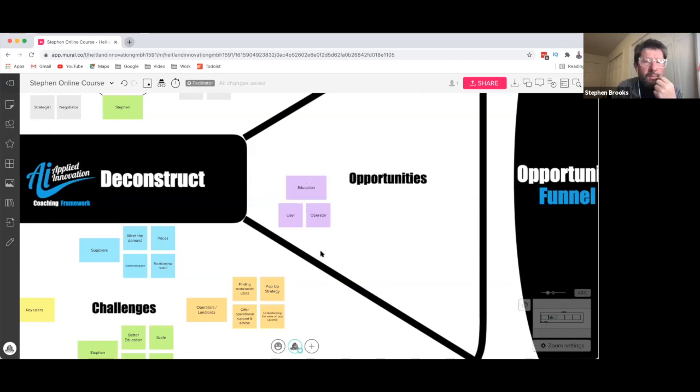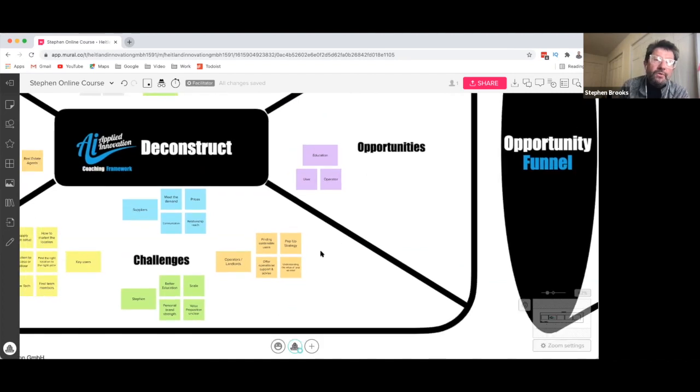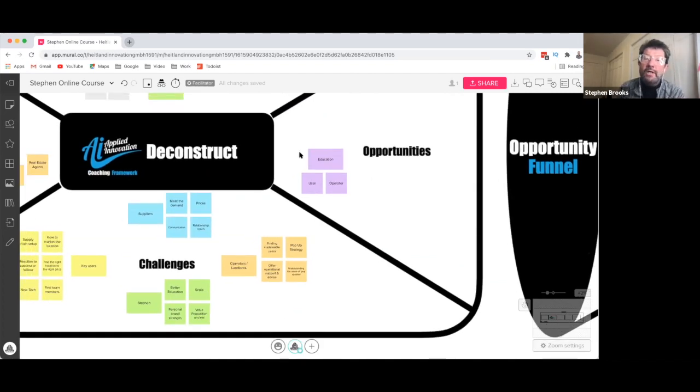In terms of the suppliers, yes, there's an opportunity to create relationships with suppliers that one can rely on. Where that might go is education with them, or showing and teaching them how to get to operators or users.